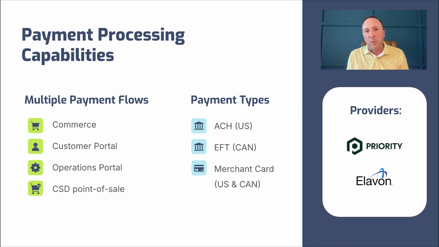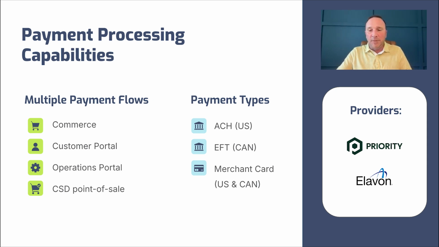logging into the customer portal to make a payment online against their account, so to pay down their open accounts receivable, or your employees, the distributor's employees, logging into the Kodaris operations portal and posting a payment against a customer's account. So taking a credit card and paying it against invoices through the operations portal.